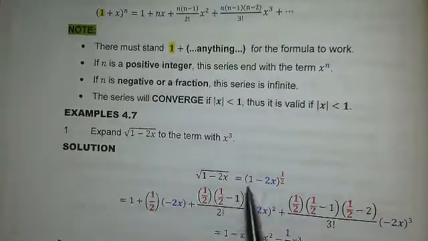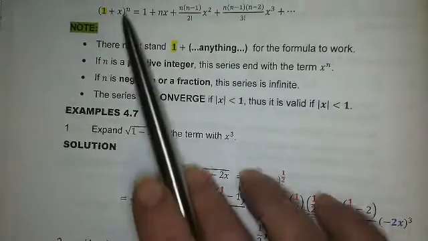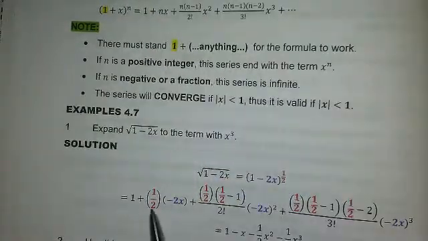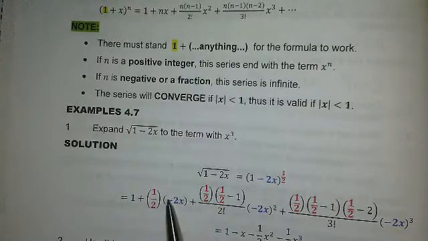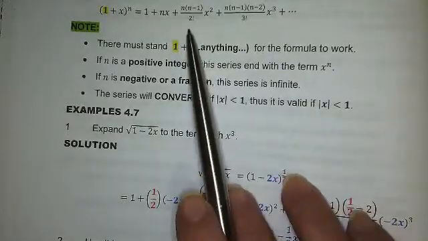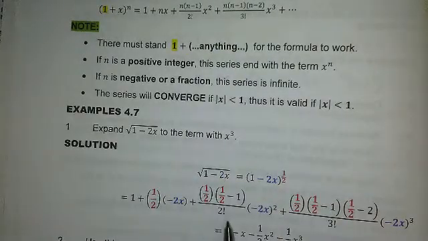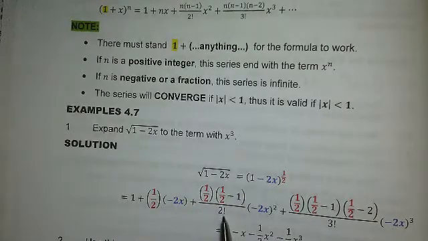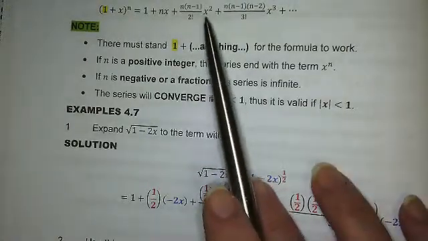According to that, it's 1 plus nx. So it's a 1, my n is a half, my x will be minus 2x. Put that in brackets. Then it will be n(n minus 1) over 2 factorial. So my n is a half, times a half minus 1, over 2 factorial, and then I must multiply it by x squared.